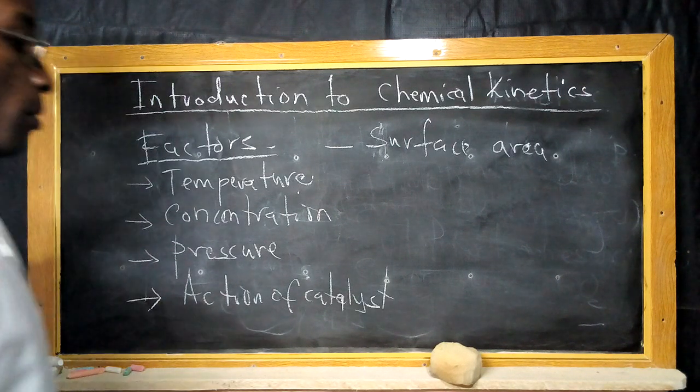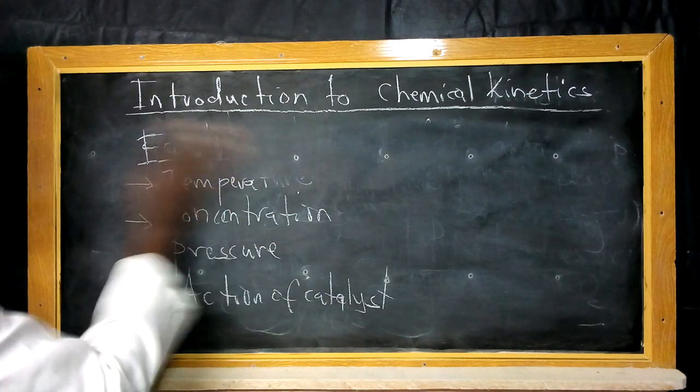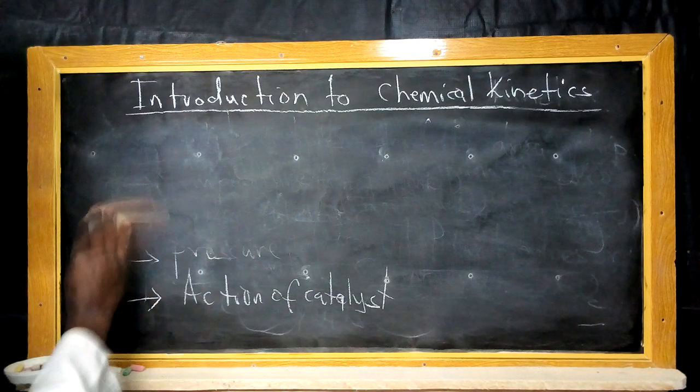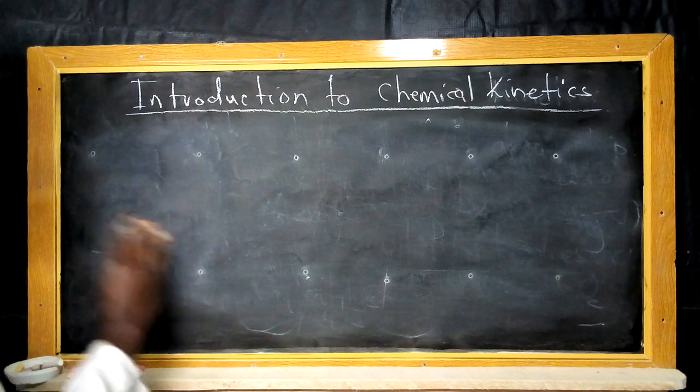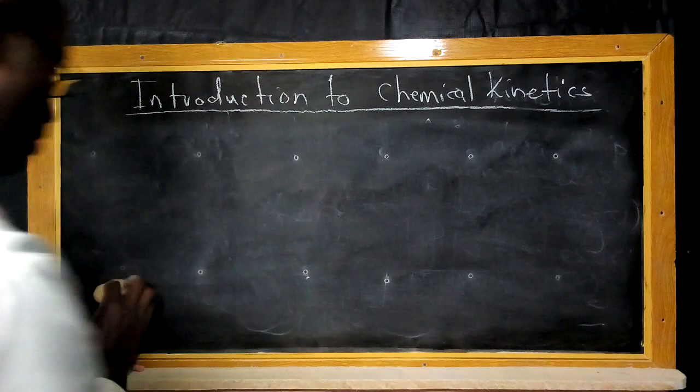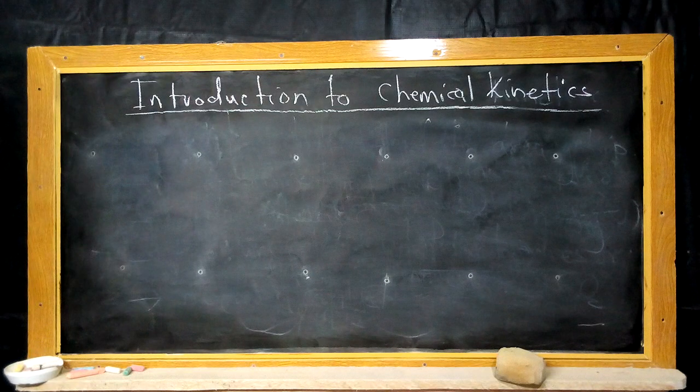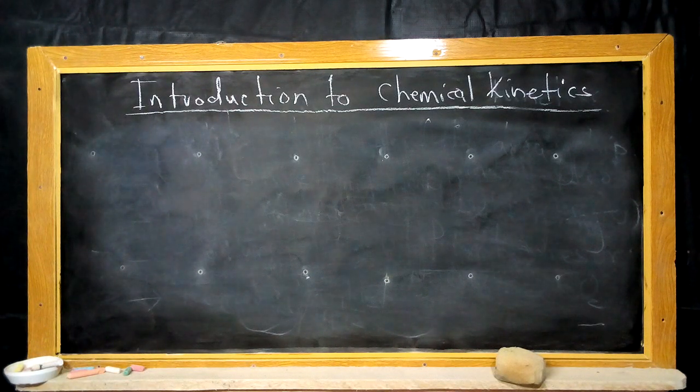And as we have talked about, we mentioned an aspect of reaction mechanism, and we say that these are step-by-step or elementary reactions which take place in order to form products. So in that case also, chemical kinetics is going to give us a clue on why it is important to look at reaction mechanisms.